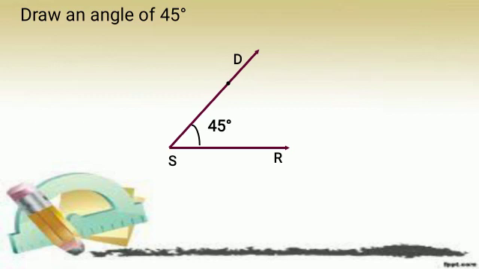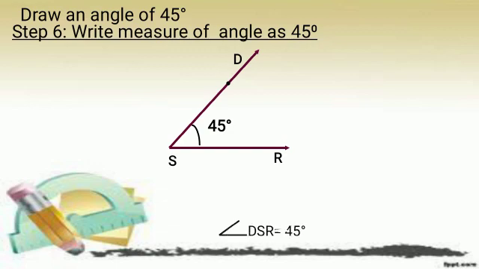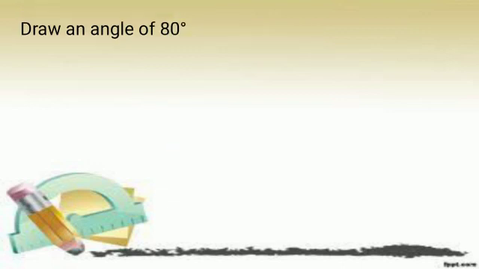As you can see here, I have removed the protractor and, with pencil, I have drawn a ray and given it the name SD. And the last step is to write the measure of the angle as 45. So the final is angle DSR is 45 degrees.